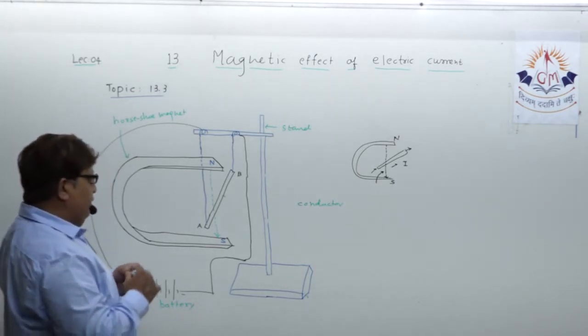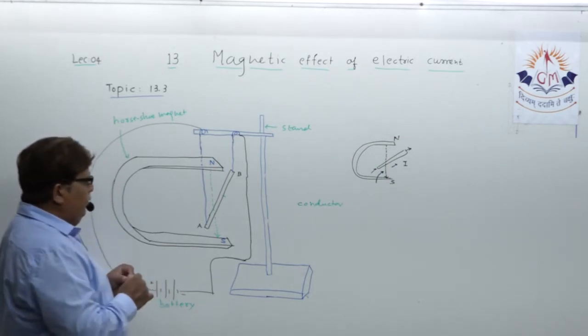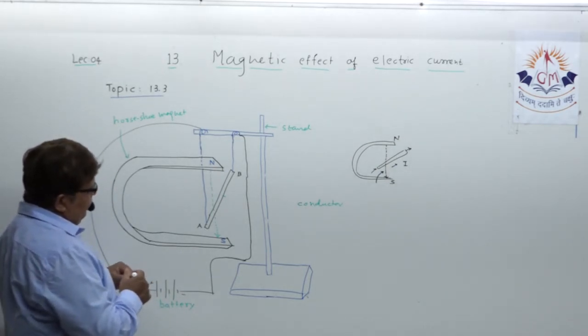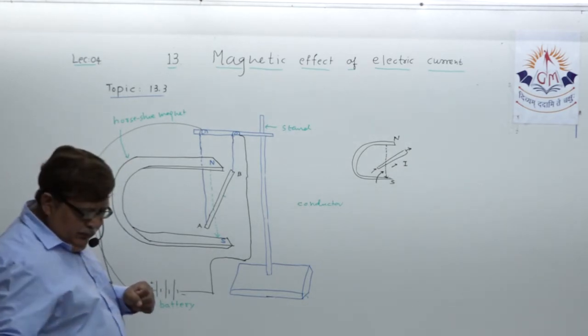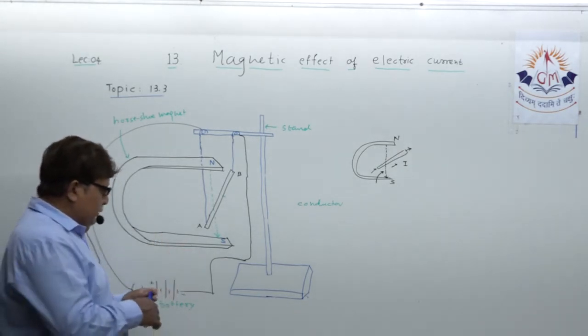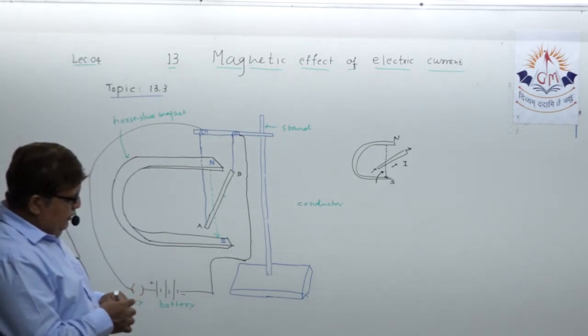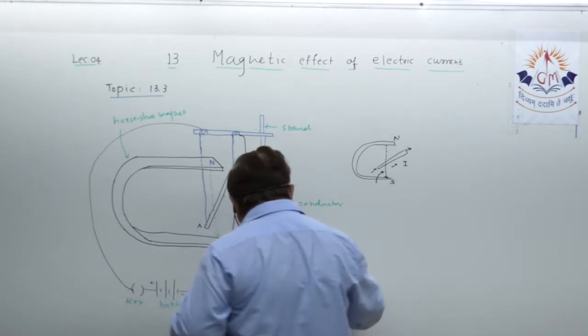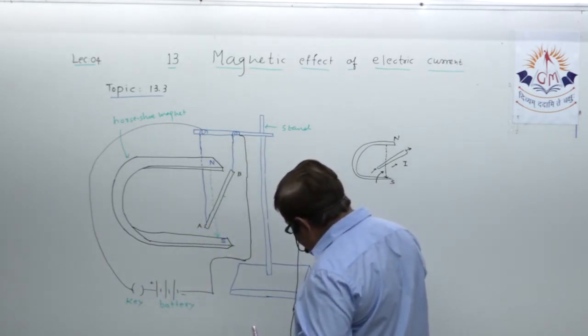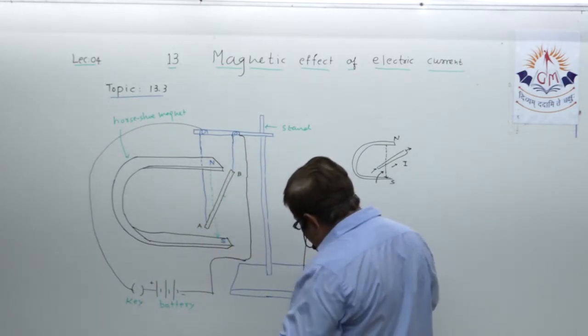Now, my dear student, what I actually want to explain is that the moment we switch on, the electric current will start flowing. As you know, electric current will start flowing in which direction?